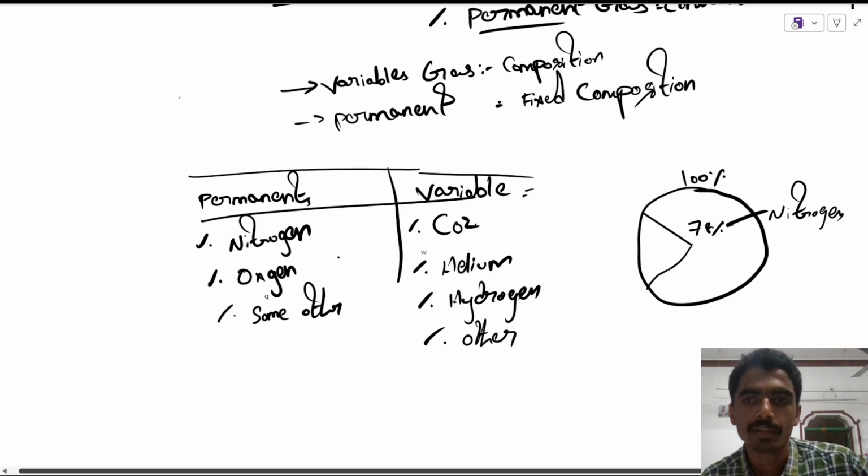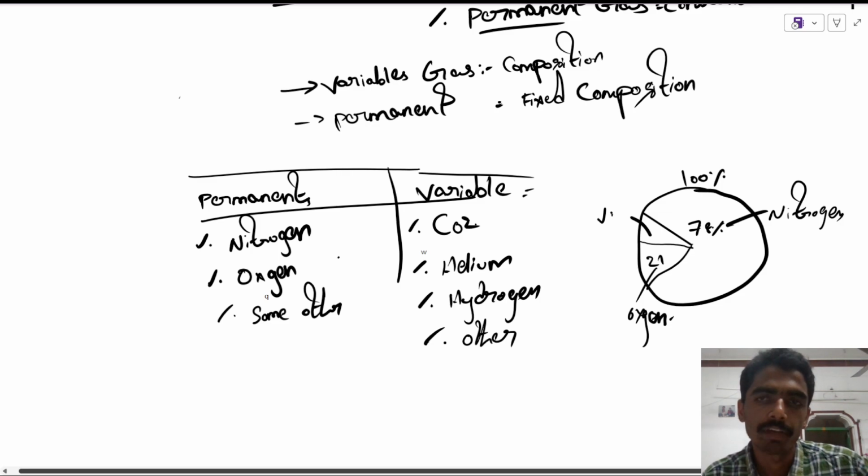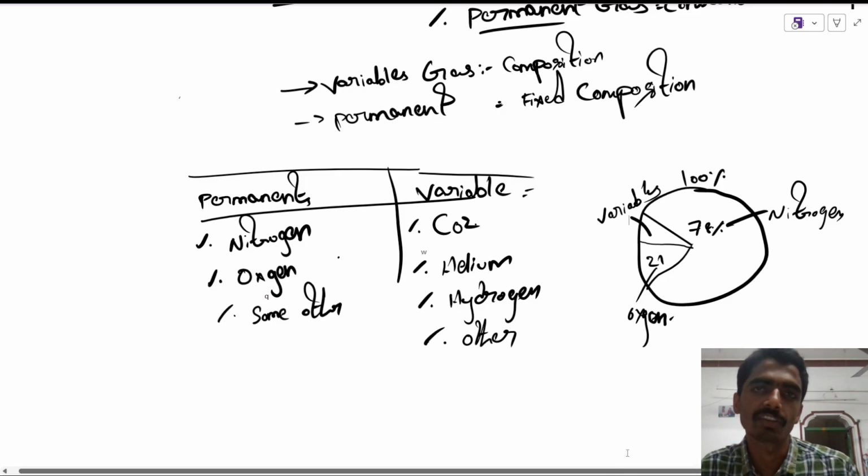And 21% oxygen, and then the remaining are variable gases, which include carbon dioxide, helium, hydrogen and some other gases.